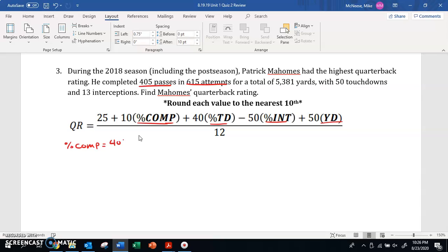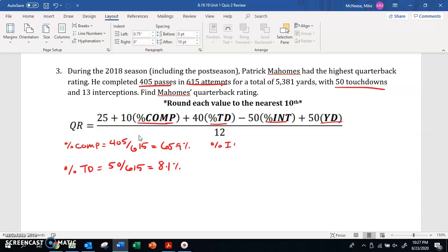So we got 405 divided by 615, and that should equal 65.9%. For touchdown percentage, we should get the number of touchdowns divided by attempts. So we got 50 divided by 615, which equals 8.1%.